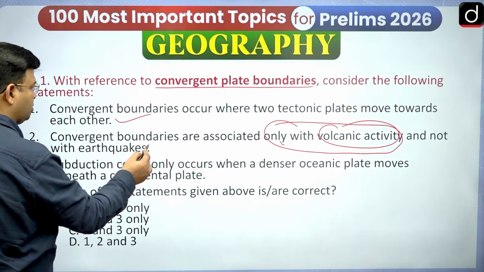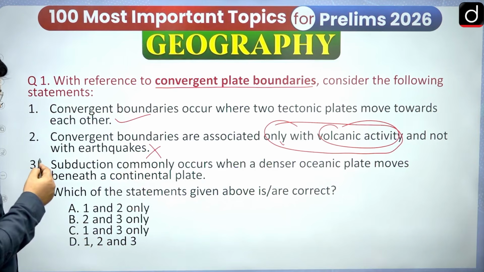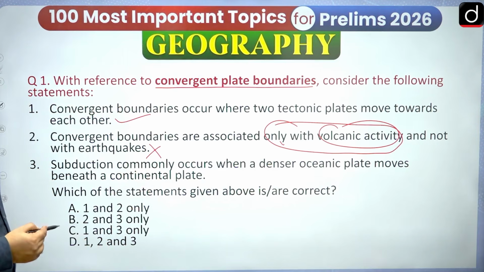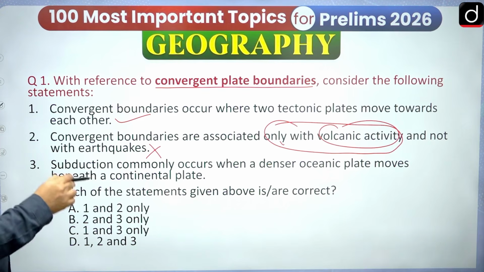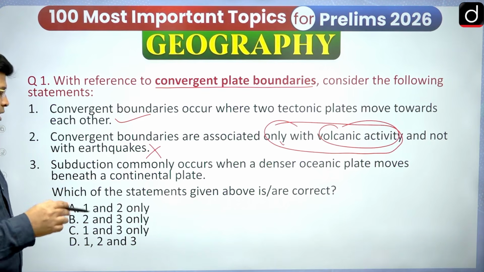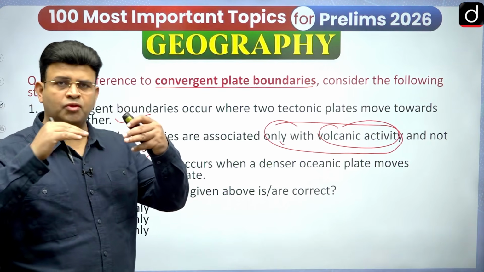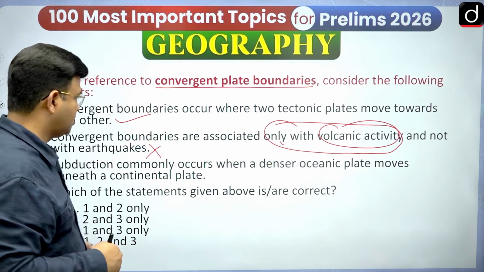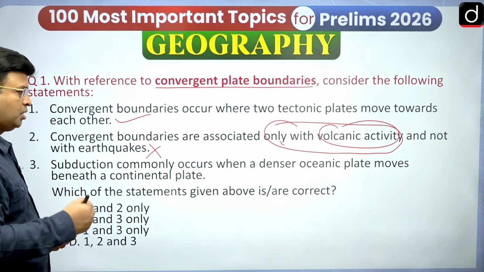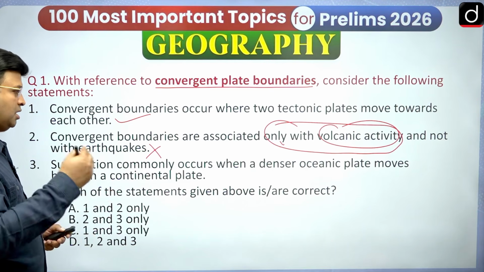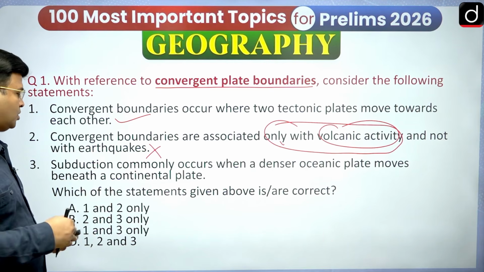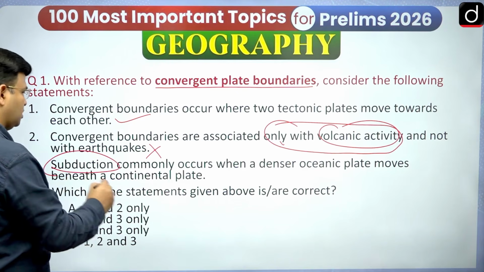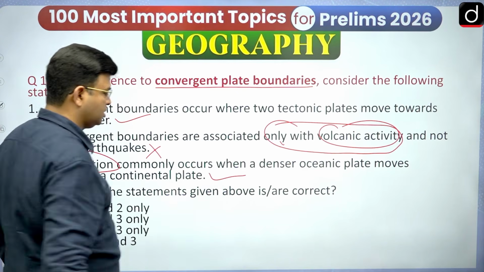So this statement is wrong, because along with volcanic activity, earthquakes also occur. And subduction commonly occurs when a denser oceanic plate moves beneath a continental plate. One denser oceanic plate moves below another continental or oceanic plate, and that is known as subduction. So this statement is correct.